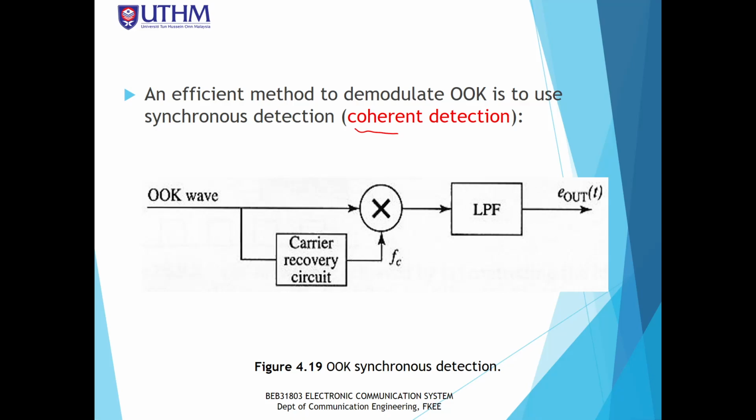That means we are injecting the carrier information in the receiver to do the demodulation process. So you see that here we are still using the carrier information. We multiply it with the input, so here you are going to produce an FLSB and also an FUSB. We use the LPF to remove the upper sideband, and we produce the original output with low frequency.